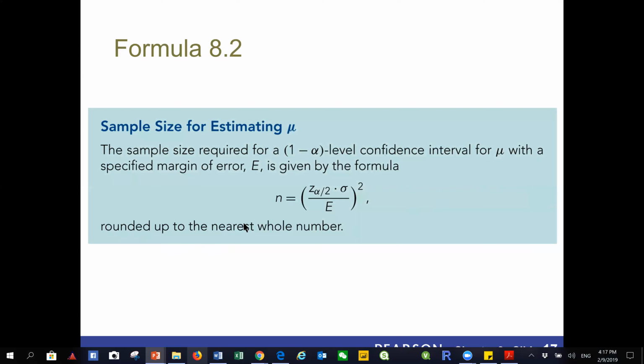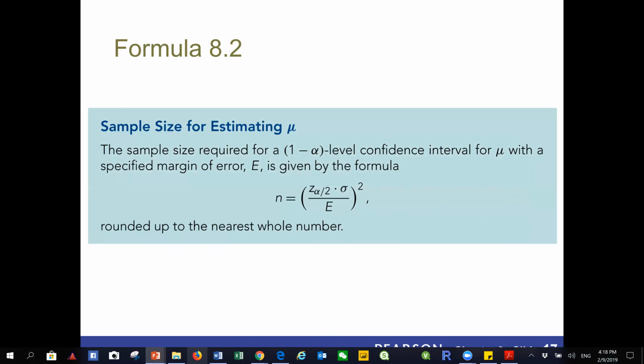You will get this formula, which gives the sample size you need to control the margin of error to an upper bound, capital E. All right, so this is the formula.